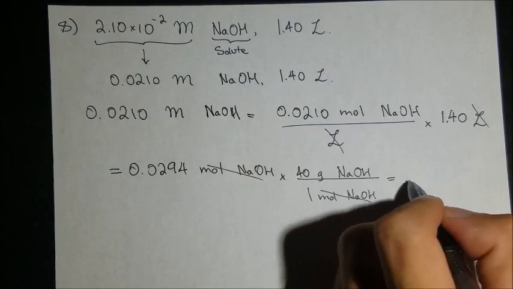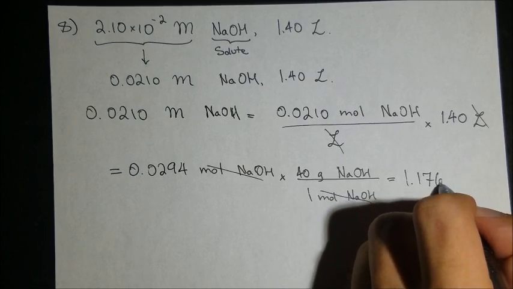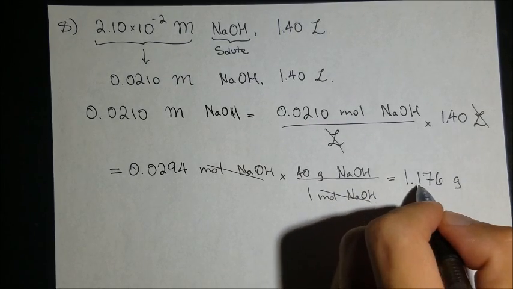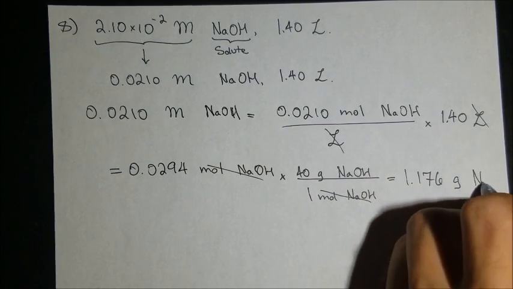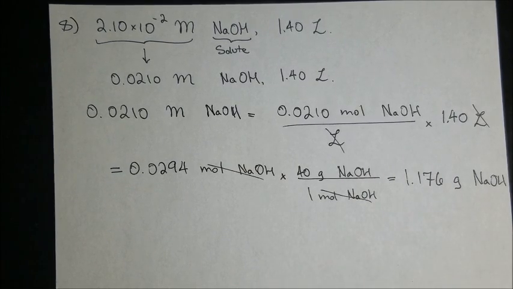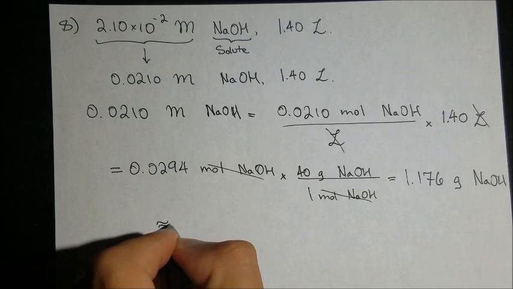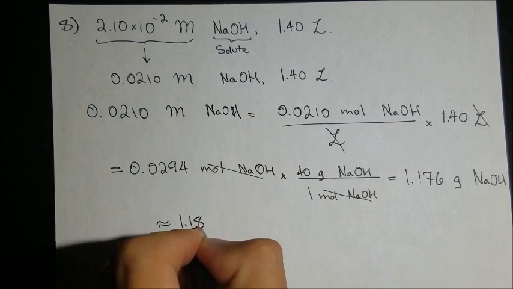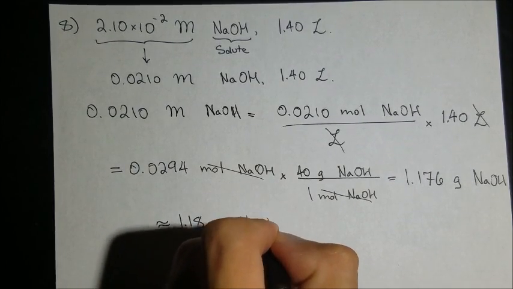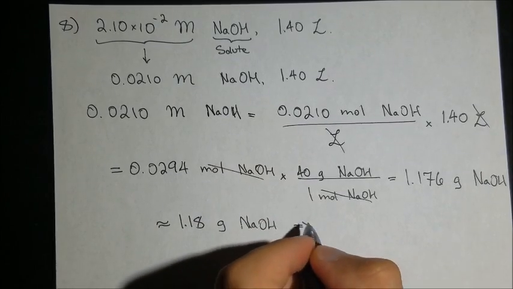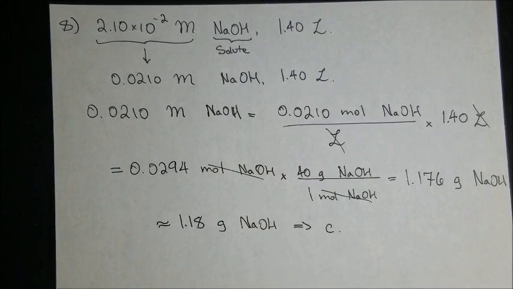And if I plug this into my calculator, I would find that I need 1.176 grams of sodium hydroxide. So that rounds very closely to 1.18 grams, which gives you the answer C. So the correct answer for number 8 is C.